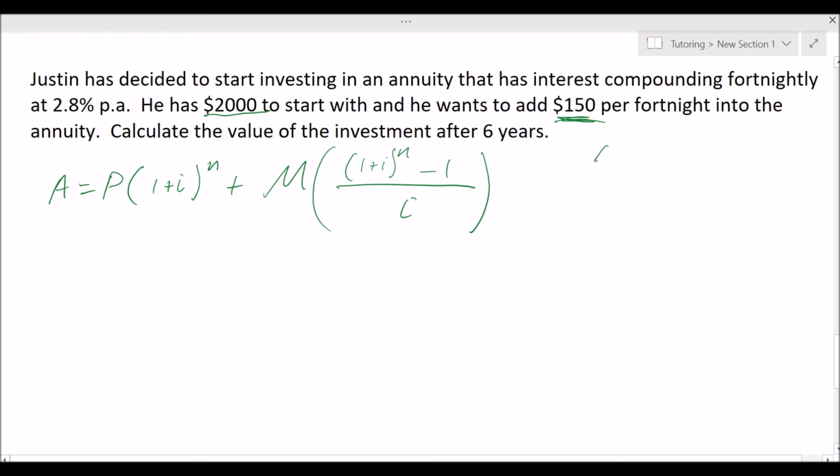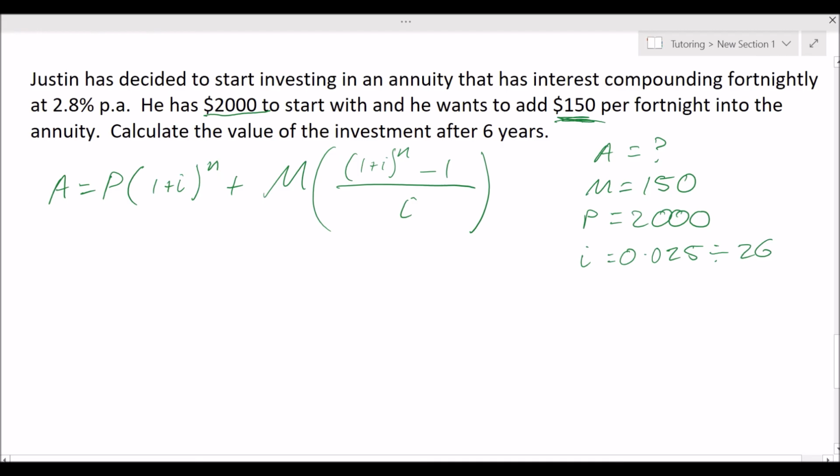Okay, and here are your variables. We're trying to find the total amount. We are putting in $150 every fortnight as our regular payment, but there's also a lump sum of $2,000. Our interest rate is 0.06, like that. And it's fortnightly, so divide by 26.